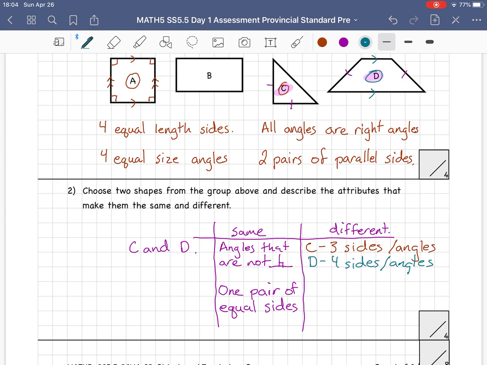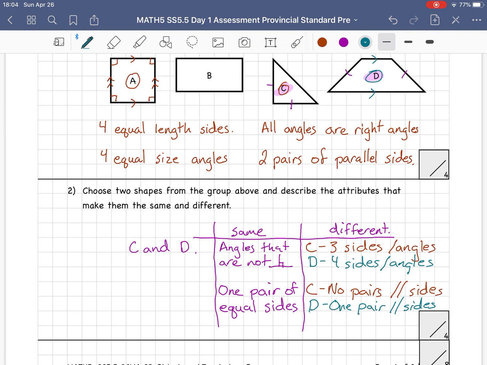D has 1 pair of parallel sides, it's a trapezoid, and C has no pairs of parallel sides. So C, no pairs, parallel sides, and D, 1 pair of parallel sides. All right, so that's enough information for number 2.